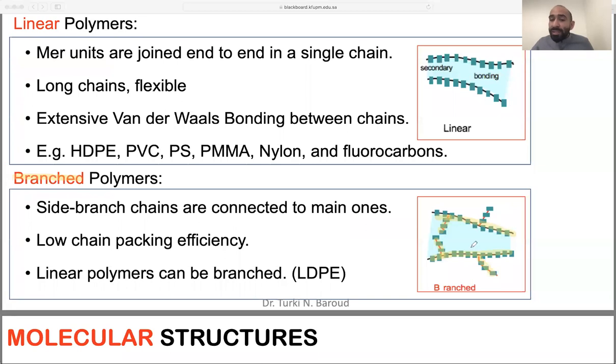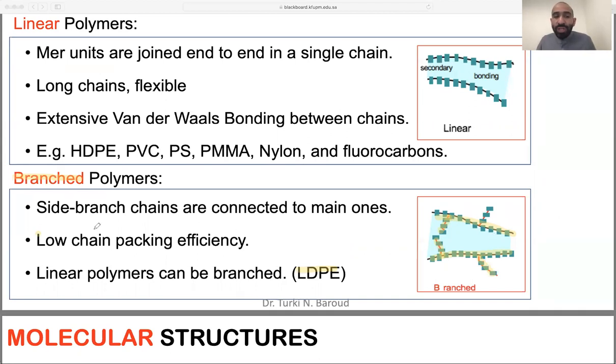But the main message here is that this kind of structure will result in low density polyethylene. The reason behind that is that here you have some restriction in packing these chains because of these branches over here, right?